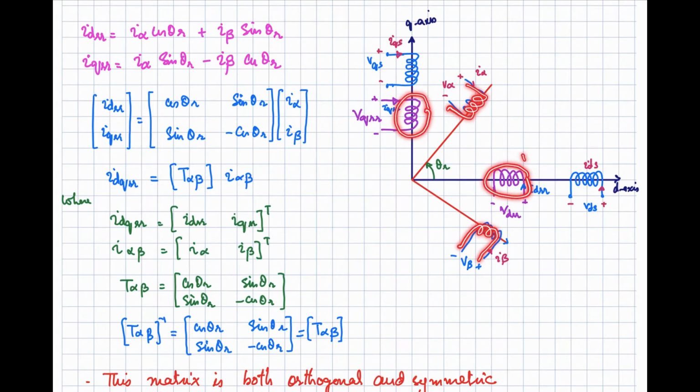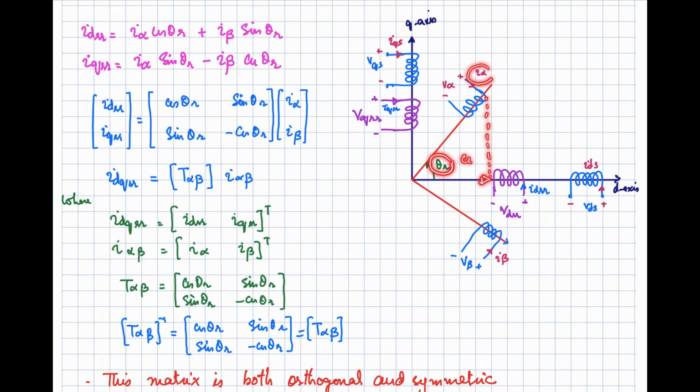Those are fixed along the D and Q axis. So the current over here is IDR. What will this IDR be? It will be because of this beta axis and the alpha axis. Right, so we will be taking the projection of this beta axis along this D axis, and similarly the projection of this alpha axis along this D axis. So the current I alpha over here, considering this angle theta r, what will be its projection along the D axis?